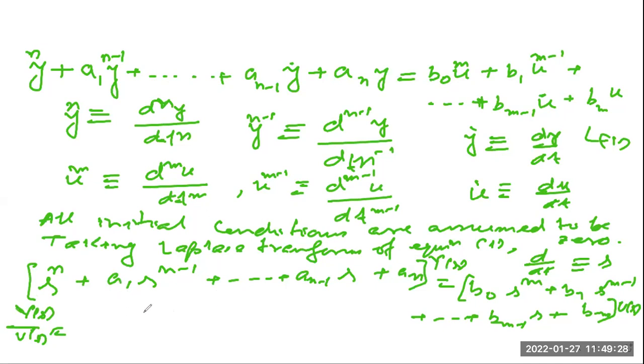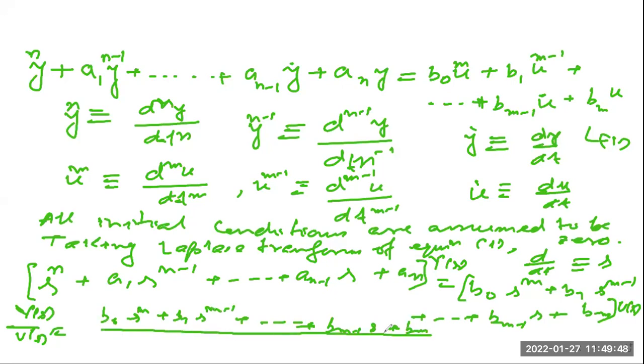So this will be equal to b0 s to the power m plus b1 s to the power m minus 1, and this will continue, plus b(m-1) s plus bm, divided by s to the power n plus a1 s to the power n minus 1, plus a(n-1) s plus an.